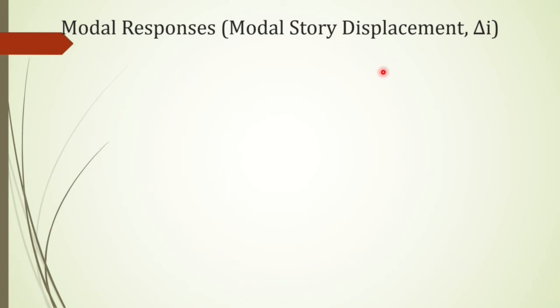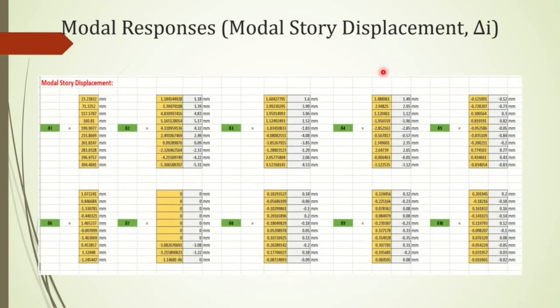Next is the modal story displacement, delta i. To compute delta i, we will need this formula: Delta n is equal to Rn, Vn times spectral displacement. As we said earlier, this Rn is a 10 by 1 matrix, 10 rows, 1 column. We will multiply them individually.